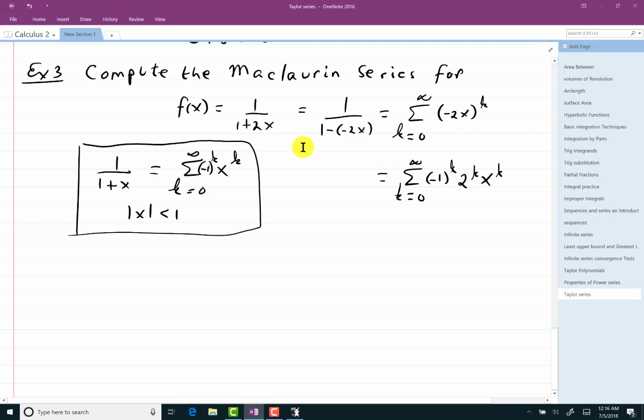Well, then, all I got to do is look at this part of it and know that the absolute value of 2x has to be less than 1. Well, that 2 is not part of the absolute value necessarily, and then I can divide by 2.